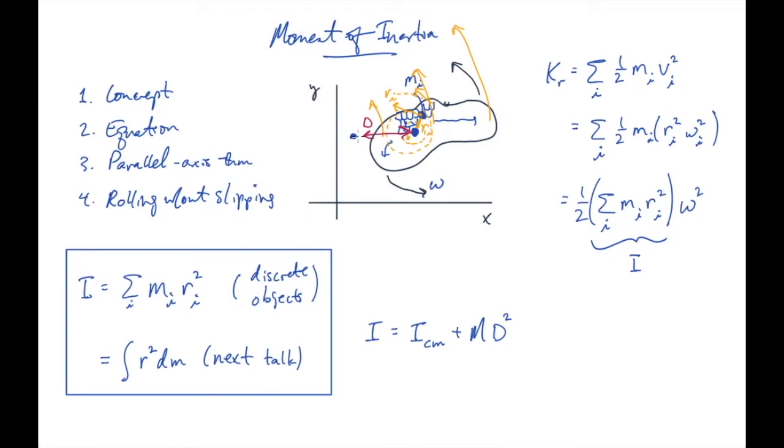I've moved the axis parallel to itself. That's why we call this the parallel axis theorem. And I moved it a distance d. So the moment of inertia goes up by total mass of the object times the square of the distance that I moved it. This bean-shaped object has a mass capital M. So this is the parallel axis theorem.